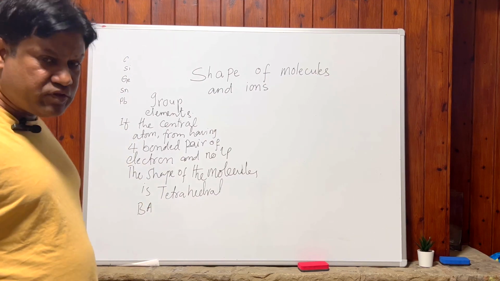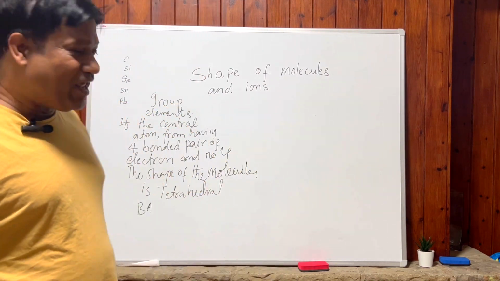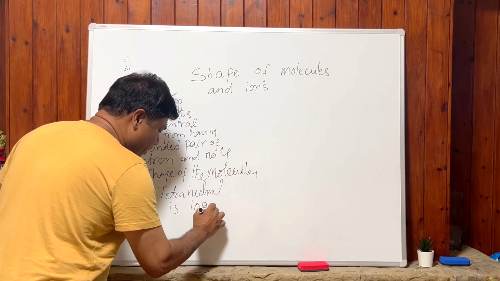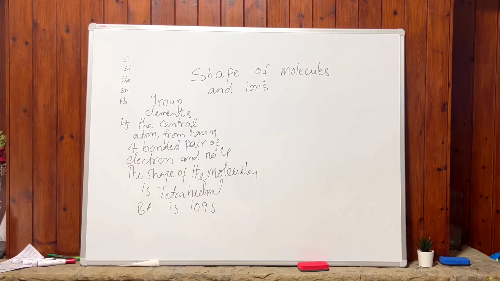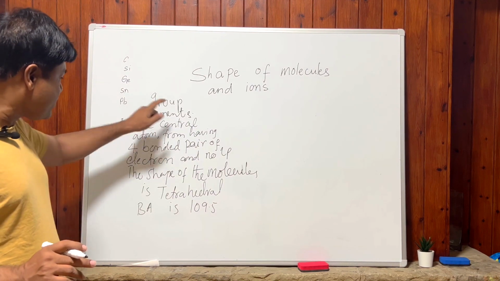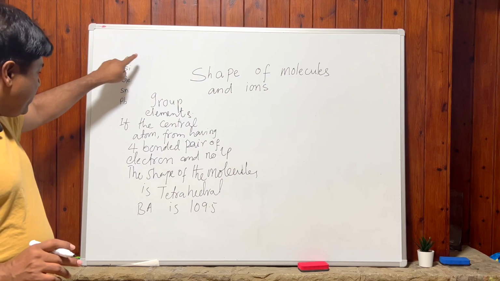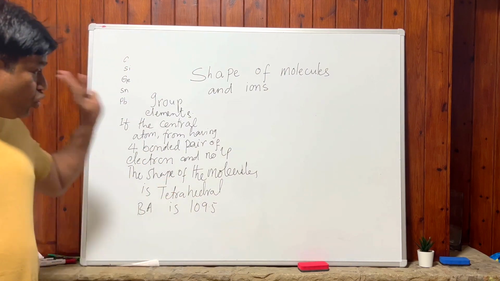British Airways? No, BA is the bond angle, and the bond angle is always 109.5. So what's the condition? The first condition is if the central atom is from group 4, having 4 bonded pairs of electrons and no lone pair.